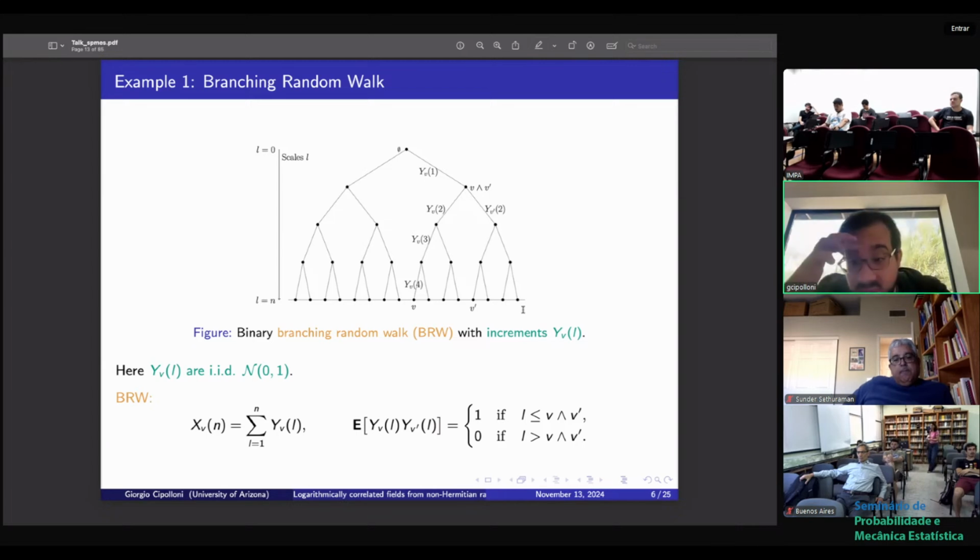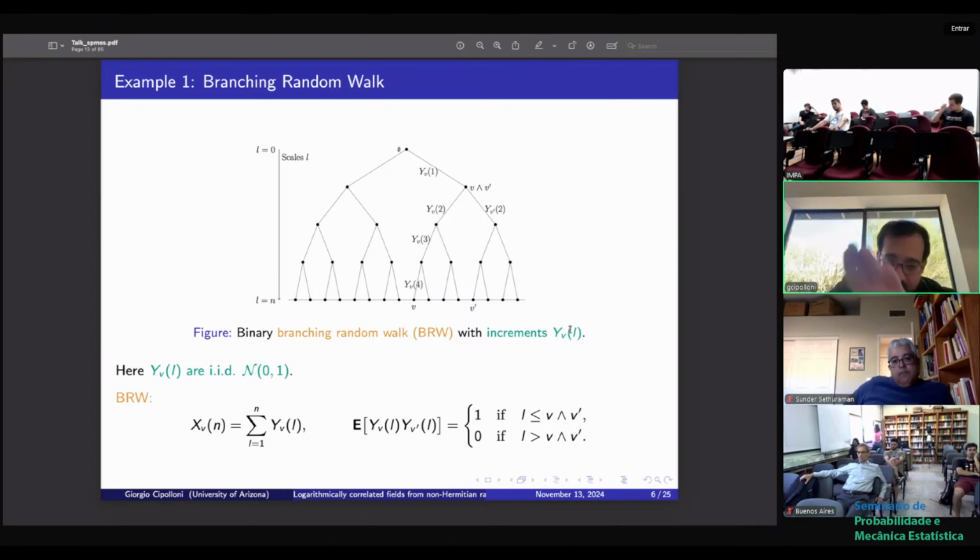That's why it's a branching random walk. For the increments before this last common ancestor, they're perfectly correlated. In fact, it's the exact same Gaussian random variable. And then at this point, they branch and the increments will be independent. So that's why we get 0 here.